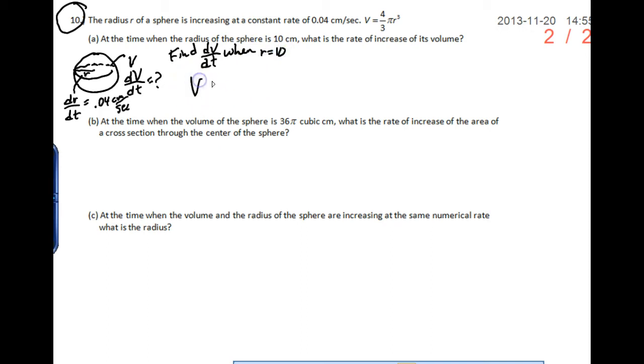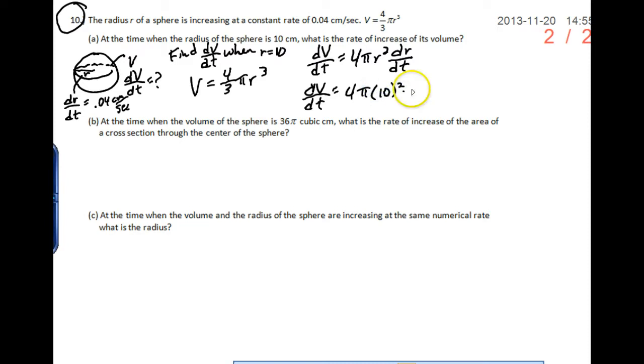So our equation, V equals 4/3 pi r cubed, is given to us. So the derivative would be dV/dt equals 4 pi r squared dr/dt. So now we have dr/dt, we have r, we want to solve for dV/dt. So it's actually already solved for dV/dt. So 4 pi times r, which is 10, squared times dr/dt, which is 0.04.